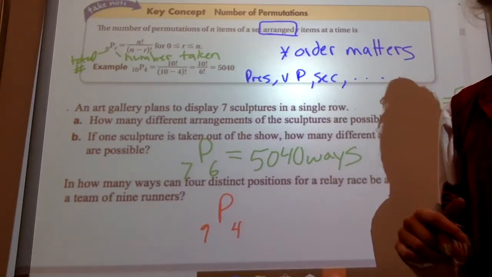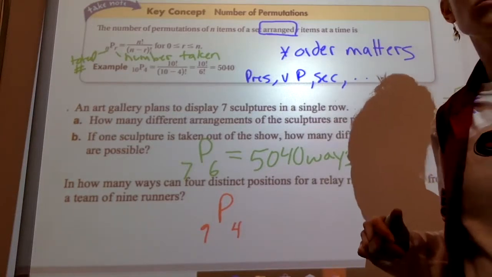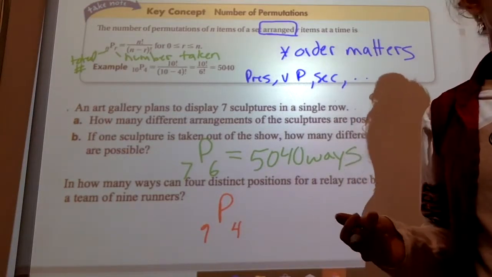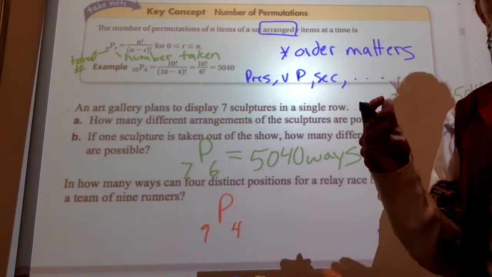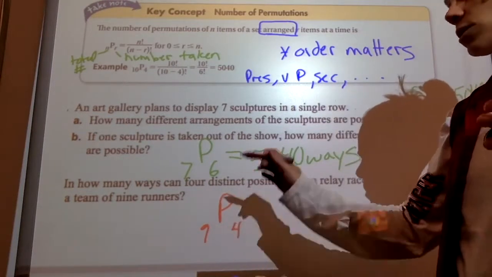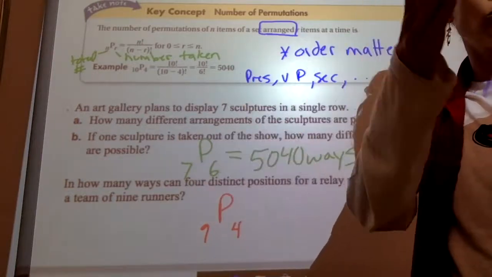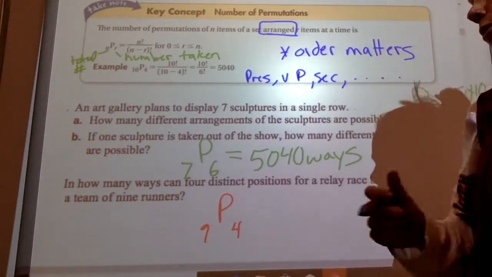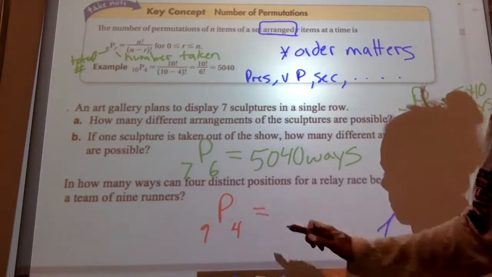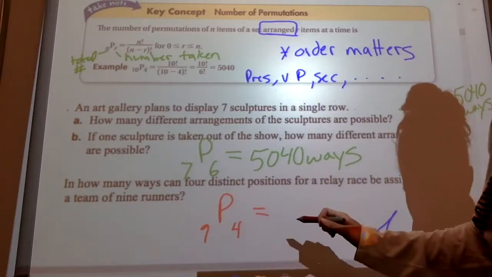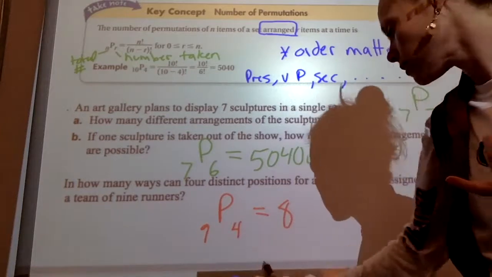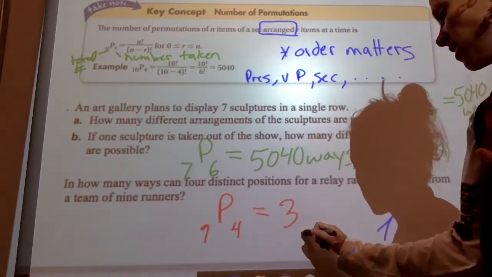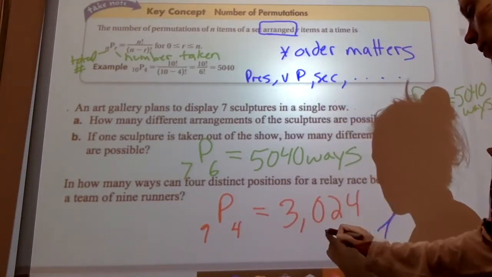If I was just going to pick 4 people and say, go run the open 200, order doesn't really matter. It's just here you go run. But if I'm talking about a certain way I want to order these 4 runners, you start, you're second, you're third, you're fourth, that's why it's a permutation, which is how many? 3,000 what? Ways.